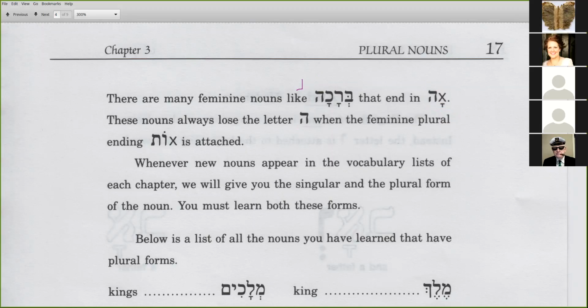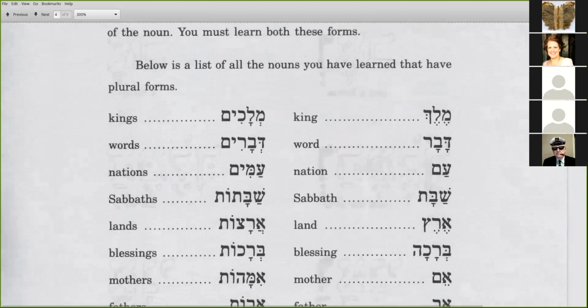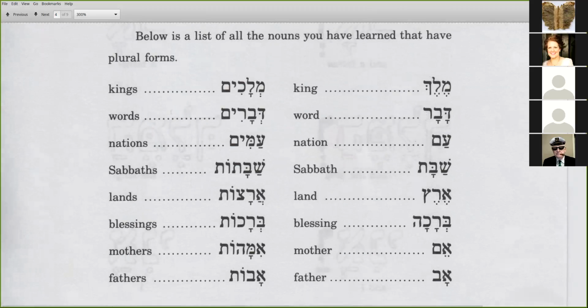Whenever new nouns appear in the vocabulary list of each chapter, we will give you the singular and the plural form of the noun. You must learn both of these forms. Okay, so let's look at the list of all the nouns we have learned so far, both singular and plural. All right, so we have the word for king, melech. Kings, melachim. One word, devar. Many words, devarim.